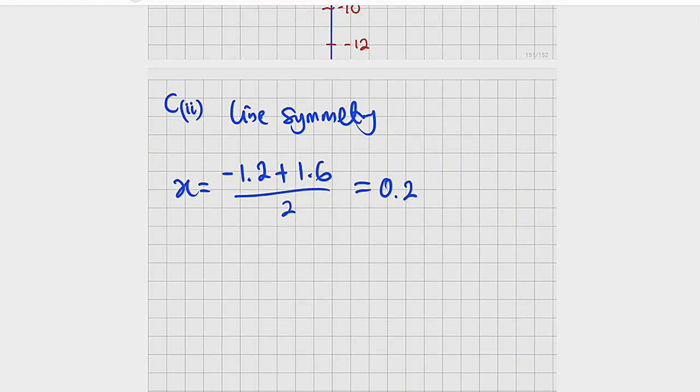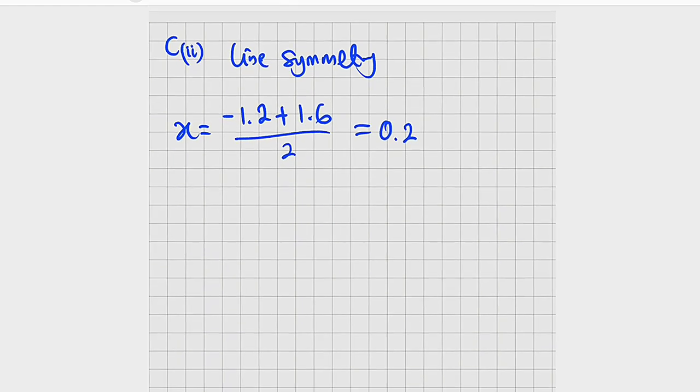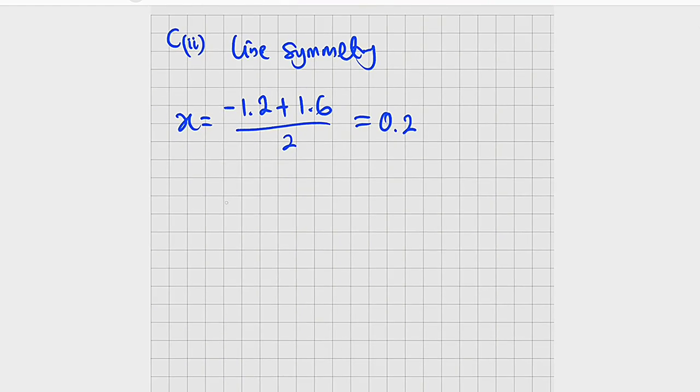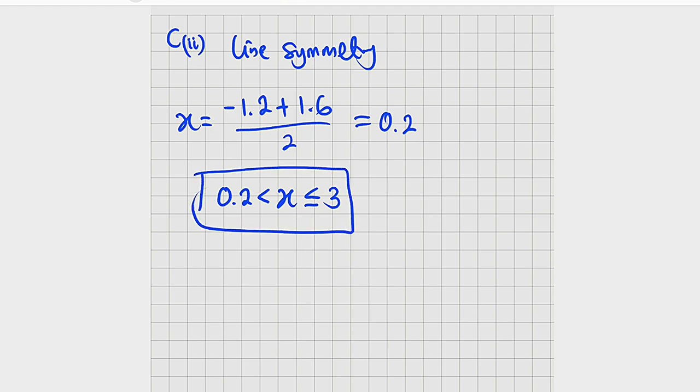But since we know quadratic graphs are continuous functions, we can say that the values of x are from 0.2 up to positive infinity. But we can write 3 because they say we should stop at 3. It doesn't matter, but you should know it is continuous. So this is the solution to this part. Or if you consider it as continuous, you say 0.2 less than x, less than infinity. You cannot say or equal to because we don't know what infinity is. So you choose among these two.